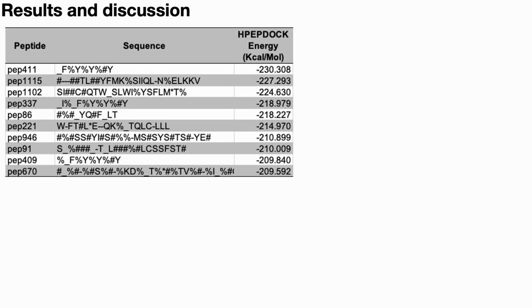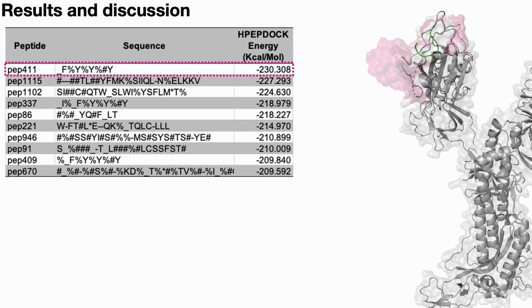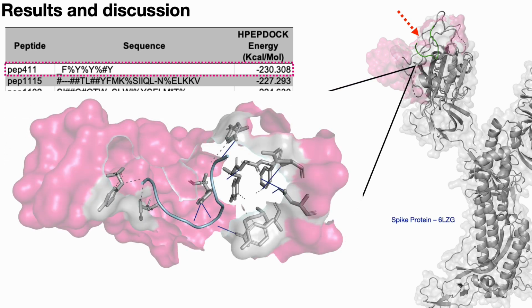As you can see in our results, we have this first peptide, 411. This is a natural peptide, which has minus 230 kcal/mol in the RBD region of the spike protein. So we have this interaction map here.